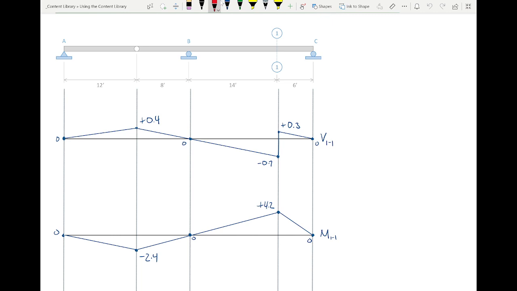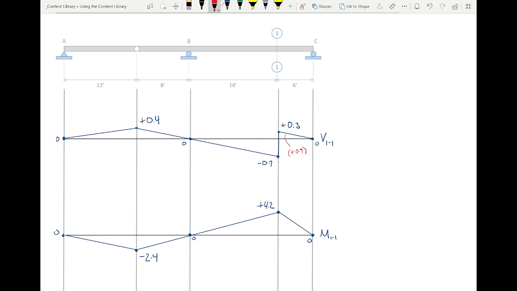Now, before we start the dead load, live load assessment, I want to do some area computations. Let's start off with shear. What's the area of this triangle right here? One half of 6 times 0.3. What is that? Positive 0.9. Now what about this whole triangular region here?